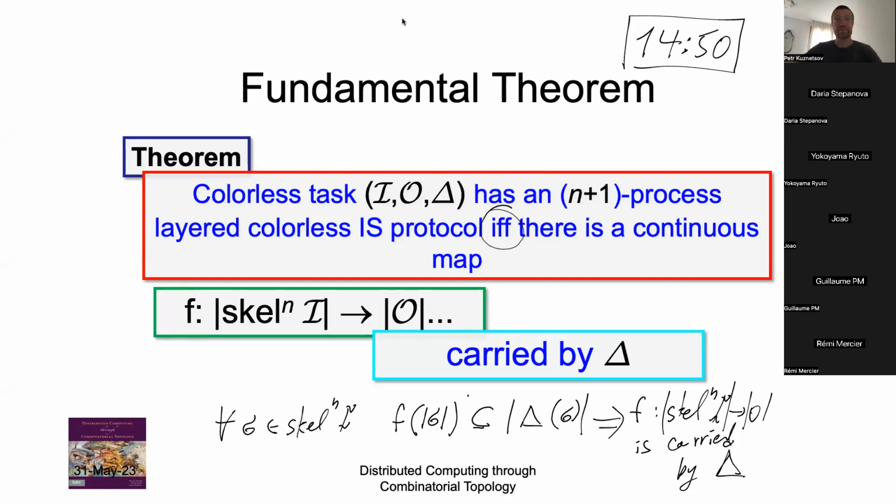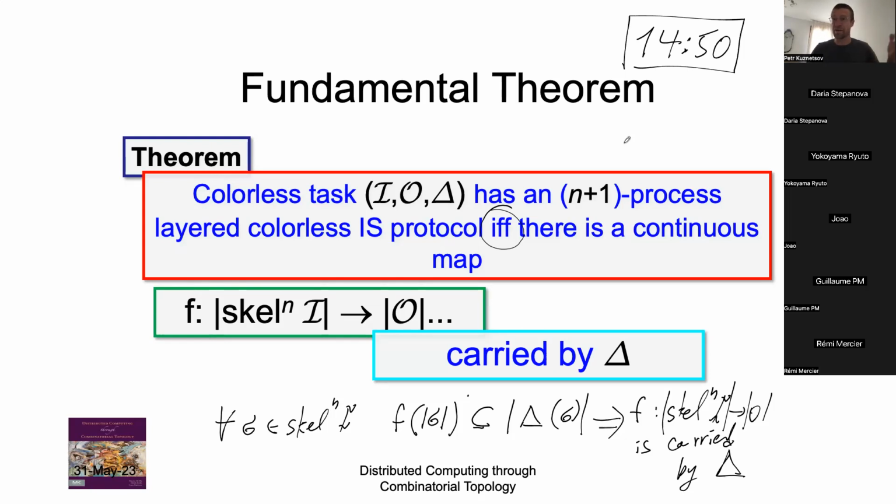Right. So we are back to the statement of the theorem. If we just look at the theorem before we even go to the proof. Well, imagine that you have a protocol that solves a colorless task using this layered colorless immediate snapshot protocol. By definition, it means that there is a barycentric subdivision of certain degree, and a simplicial map.